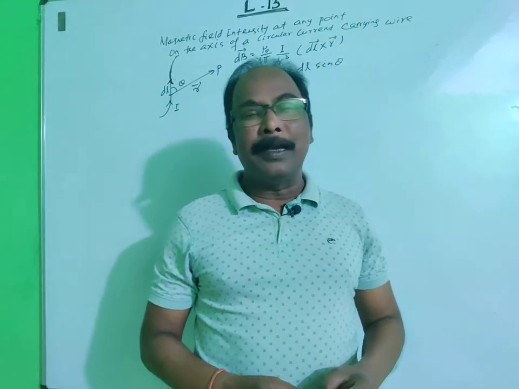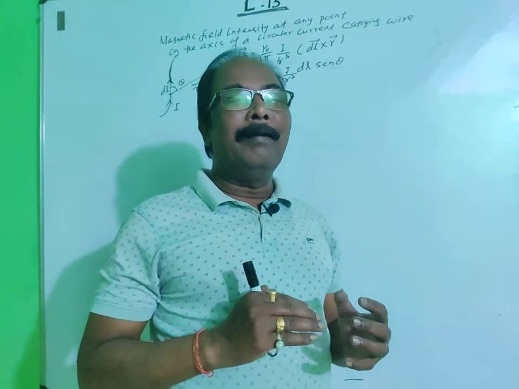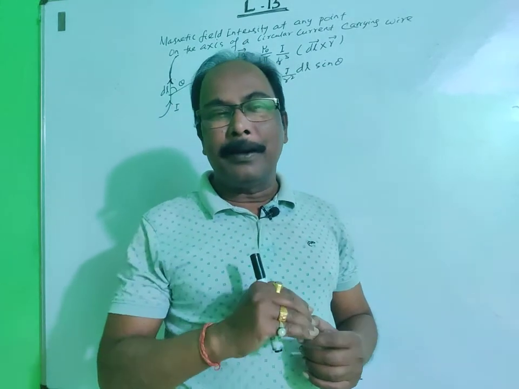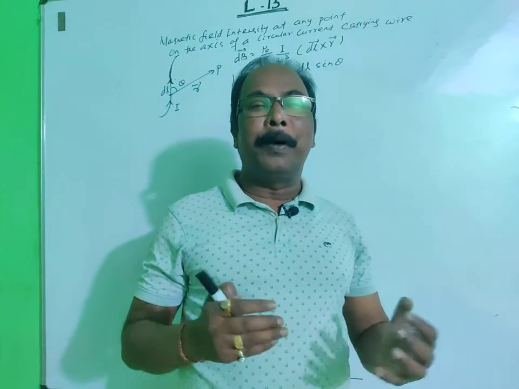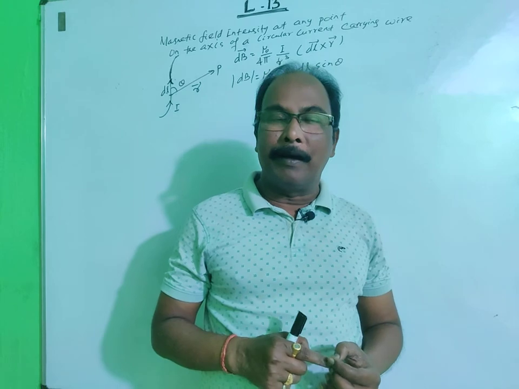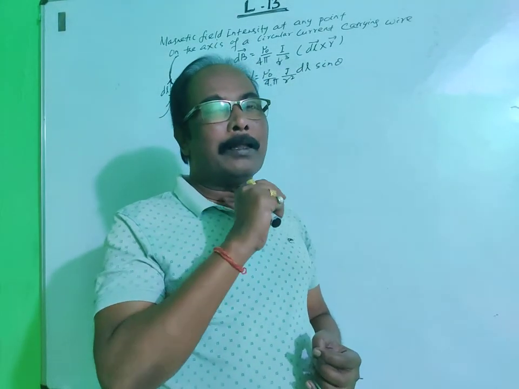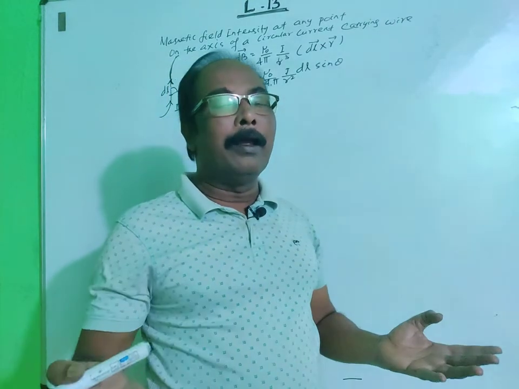In the previous lecture, we discussed the magnetic field due to a straight current carrying conductor or wire. Of course, we have discussed how to find the magnetic field at the center of a circular coil carrying current, and at the center of an arc, meaning part of a circle carrying current.